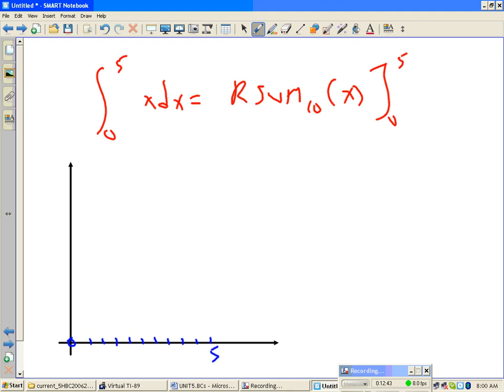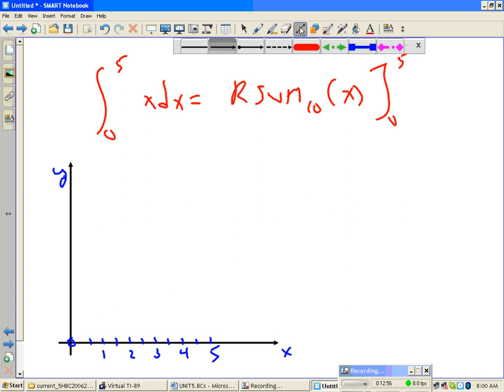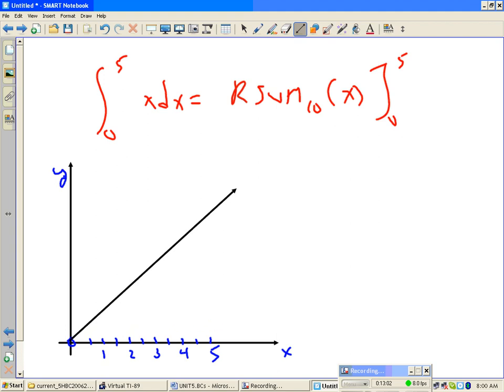But this is still 5. So this is 1, this is 2, this is 3, this is 4. And this is y, and this is the origin. So let's draw the curve. Let's say it's supposed to be a 45-degree line, so let's say like that.